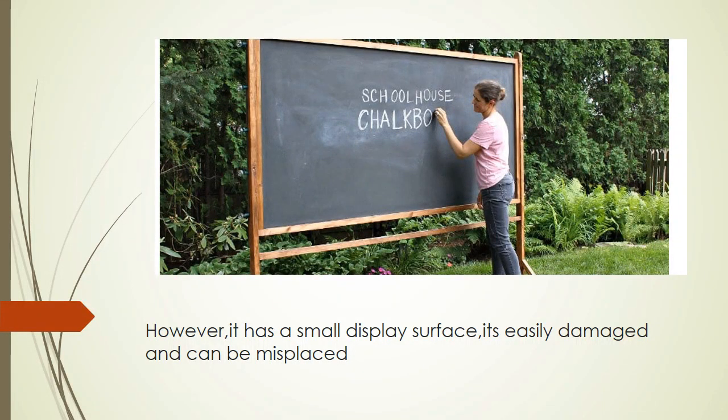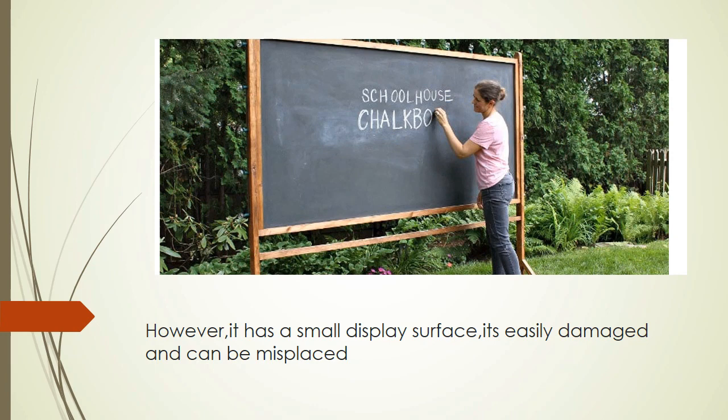Here we have a sample of a portable chalkboard. You can see the teacher is having it in the field outside the classroom, so she will be able to prepare the lesson before the real time of the class begins. However, this type of board has some disadvantages.